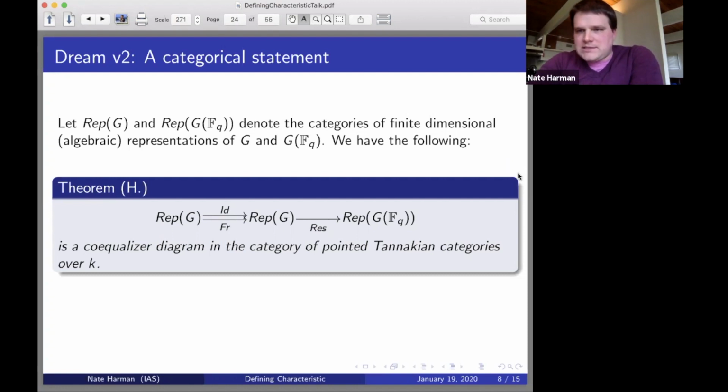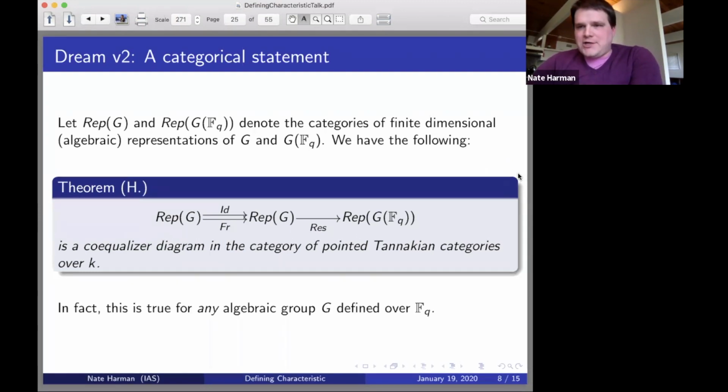What is maybe more surprising is that this is true for any algebraic group. I don't need simply connected, reductive, semi-simple, anything.